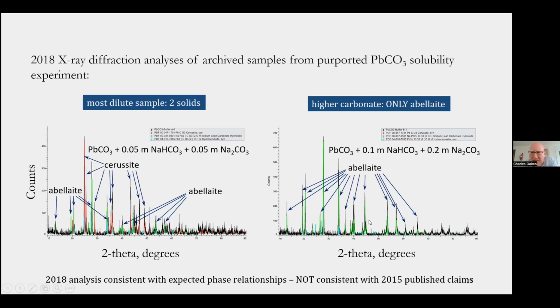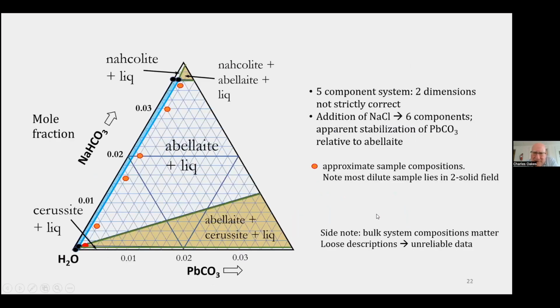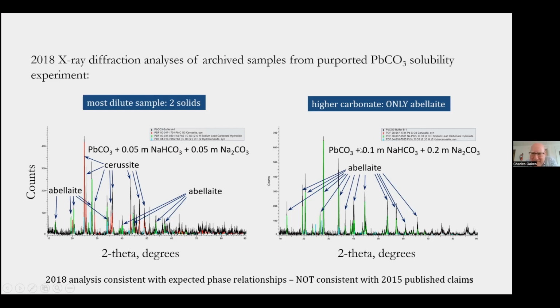Every single peak matches up with abelite. So what I showed over here, that these samples line up in the single solid plus liquid field, is in fact what you see in these X-ray diffraction patterns. Every single sample other than that most dilute carbonate sample contains only abelite.